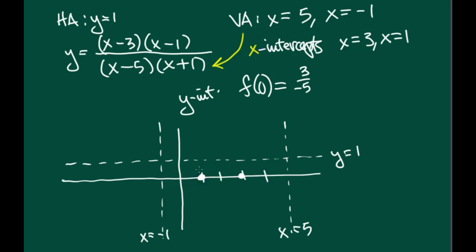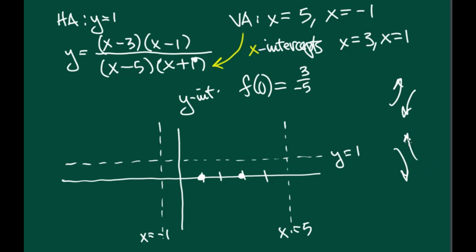Now, looking at each of these zeros here, each of the factors here, I see that every factor is of multiplicity exactly 1. So that means that my asymptotes are going to go either like this, up high and down low, or down low and up high on either side of the vertical asymptote.